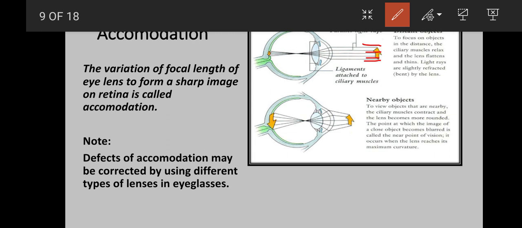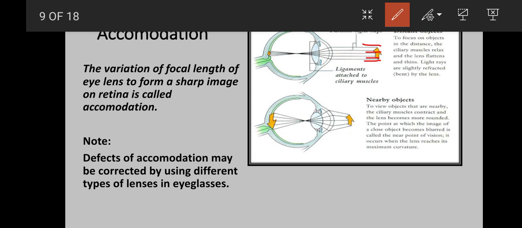Light rays are slightly refracted, bent, by the lens. It means to see the distant objects, the ciliary muscles relax and the lens becomes thin, its focal length increases and a sharp image is made on the retina.